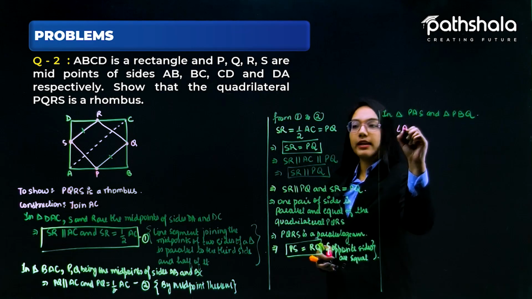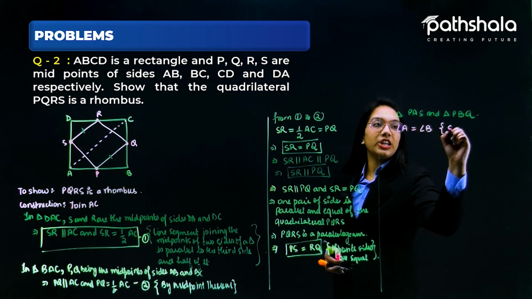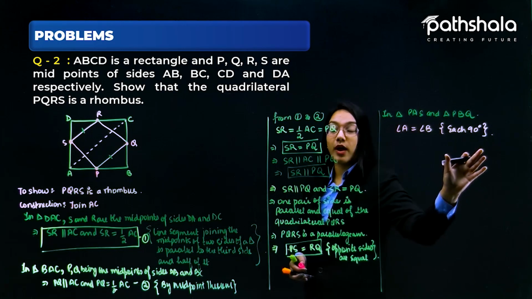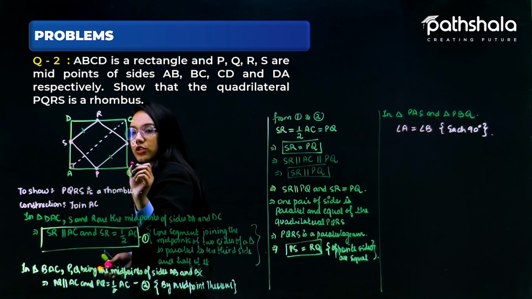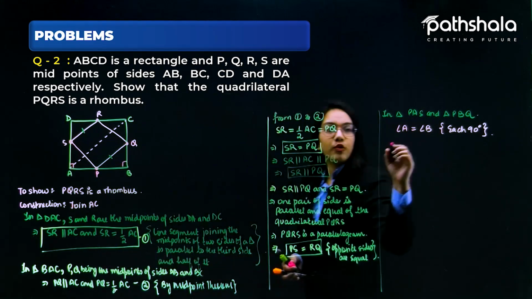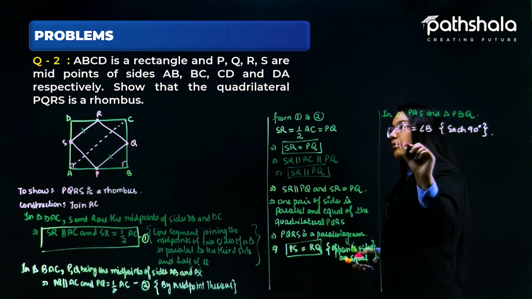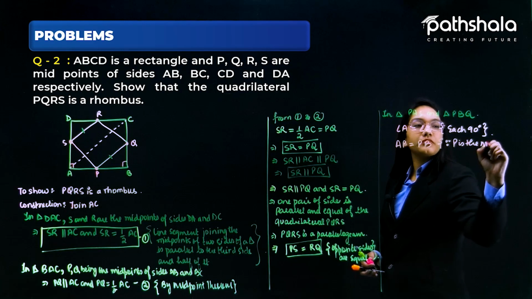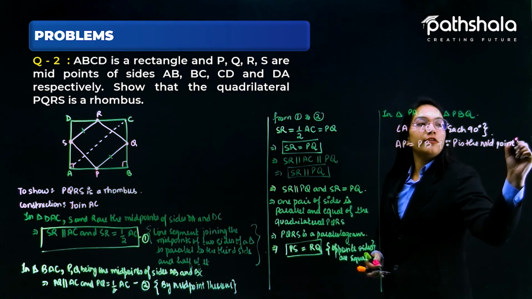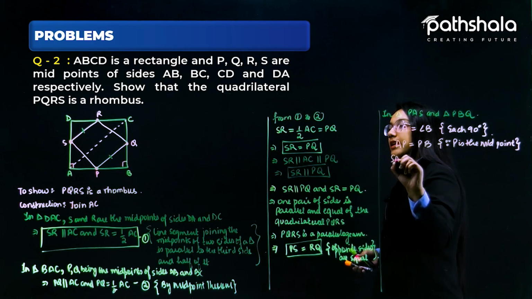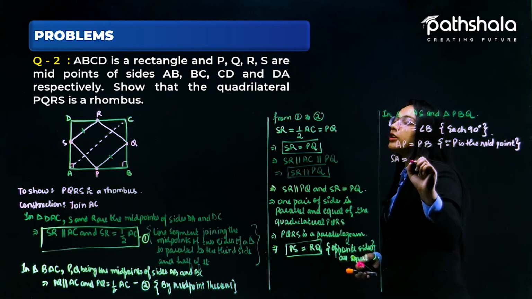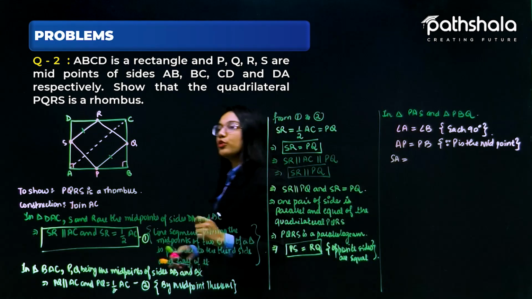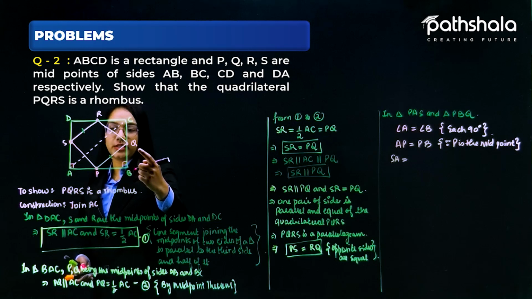First of all, angle A is equal to angle B, each 90 degrees, because in a rectangle these two angles are 90 degrees. Furthermore, AP is equal to PB, since P is the midpoint. Further we know that SA is equal to QB.